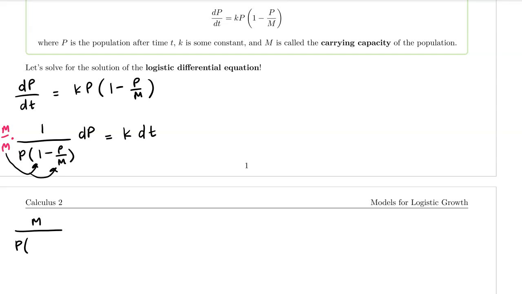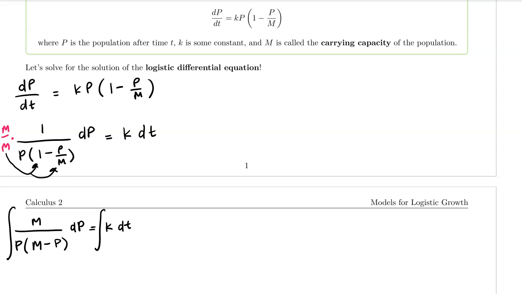And if I do that, I get M minus P, and now we can go ahead and integrate both sides. On the left-hand side, we're integrating with respect to P, so capital M is serving as a constant.